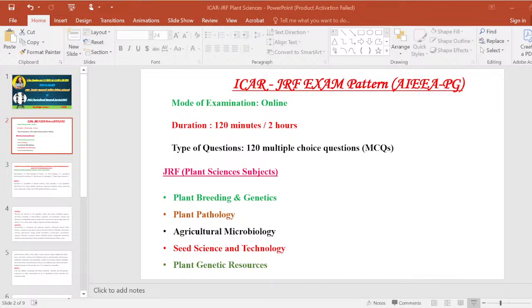So these are the major 5 subjects, and among these 5 subjects, some minor portions from other subjects are also included. I will discuss one by one. Here you can see the sub-subjects: plant breeding and genetics, plant pathology, agricultural microbiology, seed science and technology, and plant genetic resources.